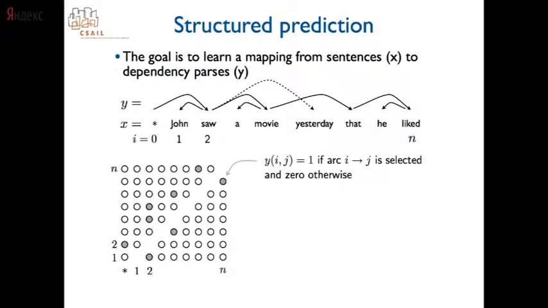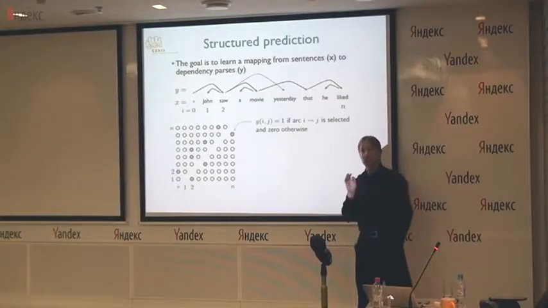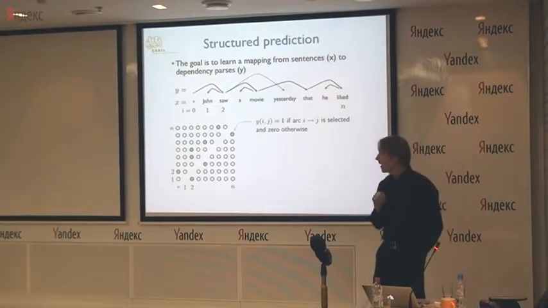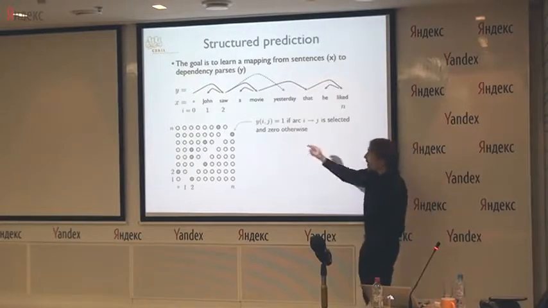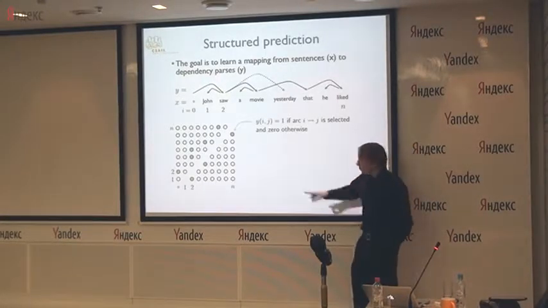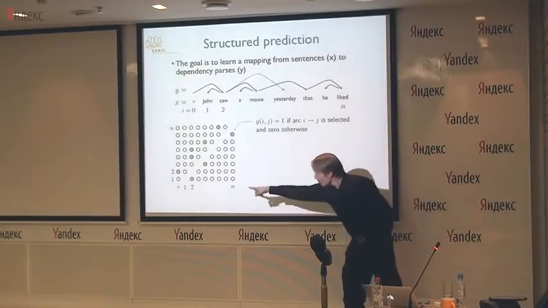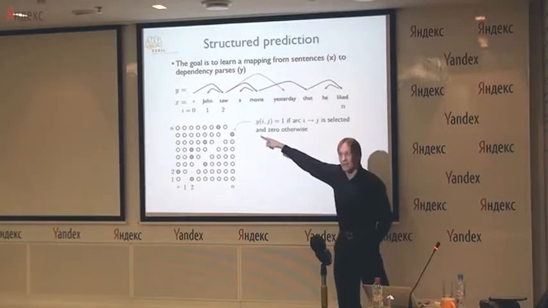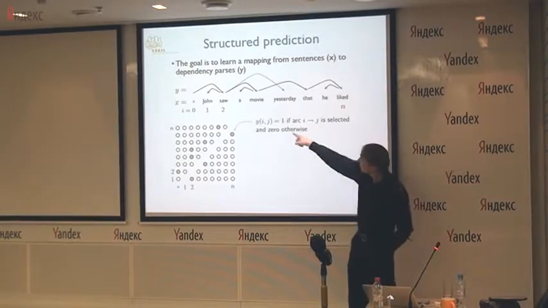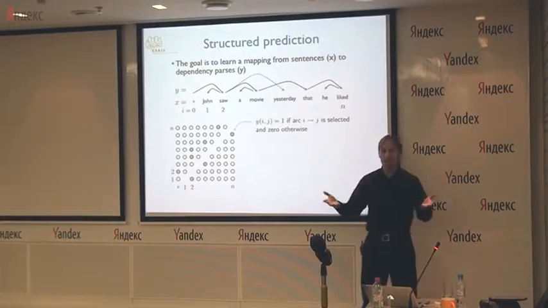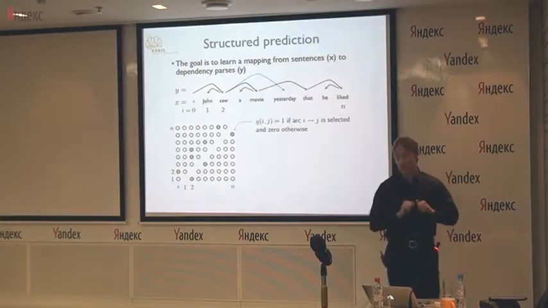So let's translate this problem a little bit further. We can represent those trees by introducing binary variables. These variables just tell me whether I select a particular edge. So this matrix here is the words in the sentence by the words in the sentence, and there's a beginning word, the star, for each sentence from which this directed tree starts.